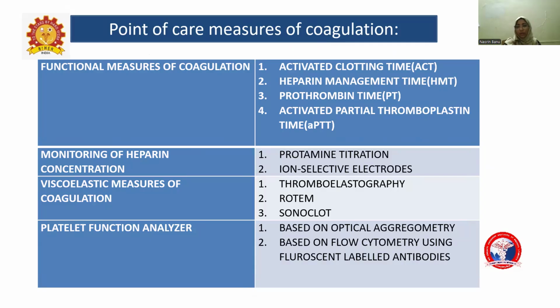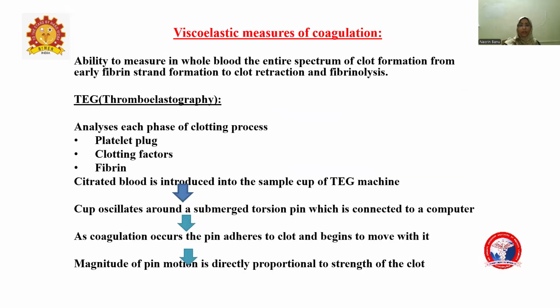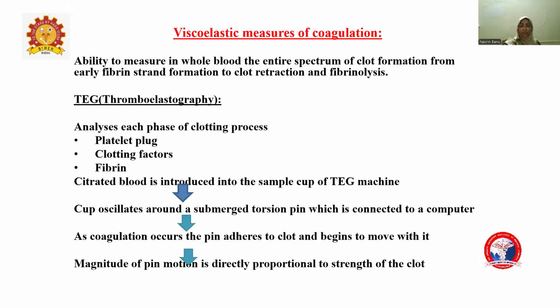And then we saw the point of care measures of coagulation: functional measures of coagulation, monitoring of heparin concentration, viscoelastic measures of coagulation, and platelet function analyzers. Each one we saw separately, activated clotting time and the newer methods, that is viscoelastic measures. In that, we saw only TEG.